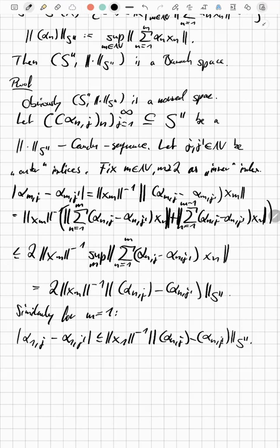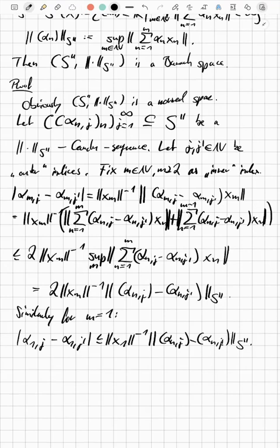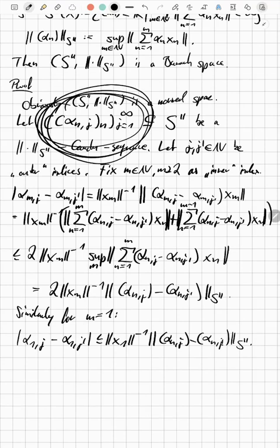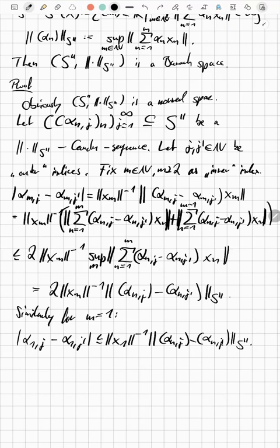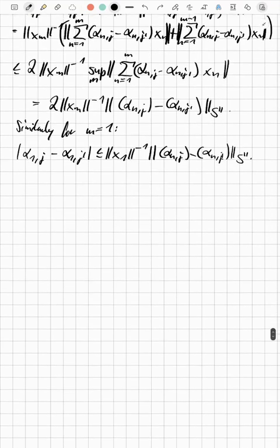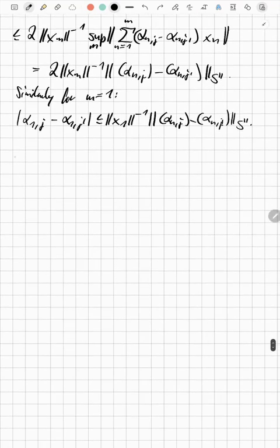This is a trick that we used a lot already, so I will not go over it. And now, since this is a Cauchy sequence, we can conclude that these differences will go to 0 as j and j dash get bigger and bigger. So we get that alpha mj minus alpha mj dash goes to 0 as j and j dash go to infinity. Okay.